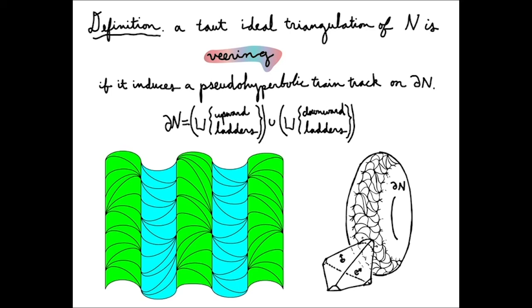It's a torus. And I have some tetrahedron inside my 3-manifold and it meets the boundary in some flat triangle. And you can see the ladders there. I've drawn 2 of them, an upward one and a downward one. So the tips of the tetrahedra triangulate the boundary and give this nice train track.